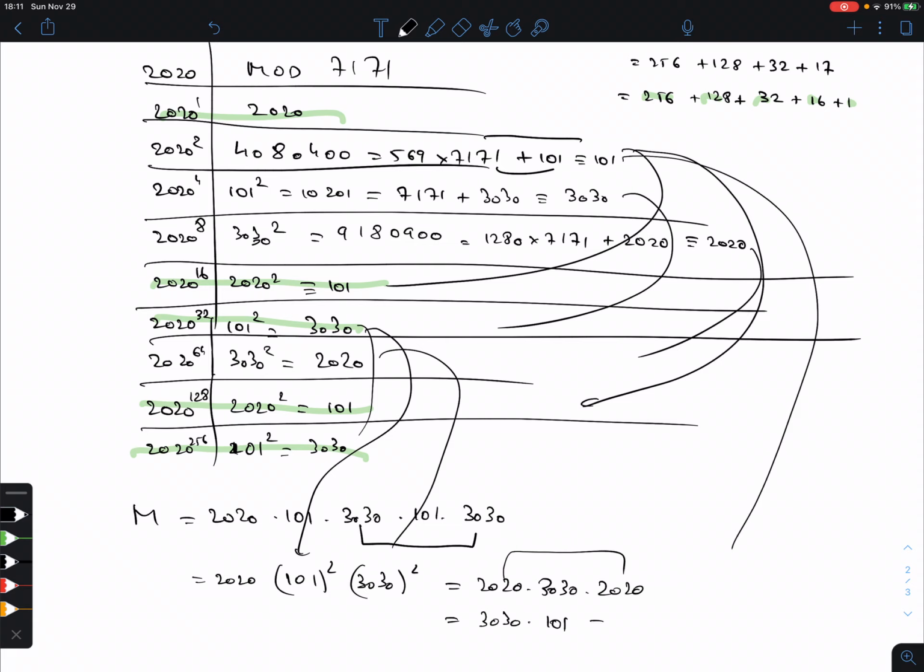And so that is 306030, divided by 7171, that is 42 times 7171, and then 306030 is plus 4848. Yep. So our original message was 4848.